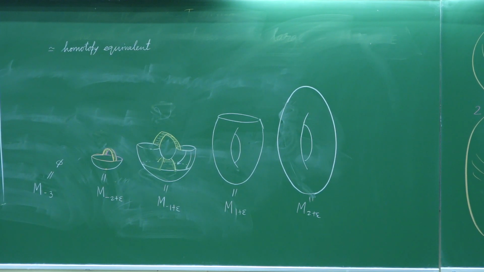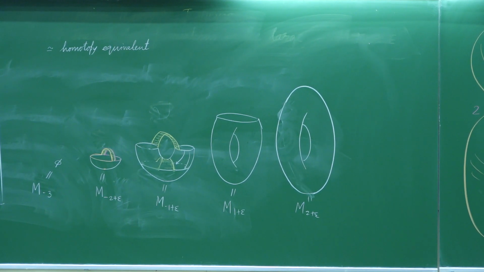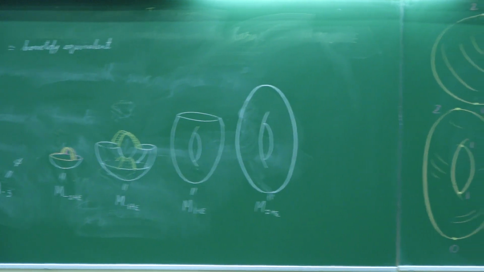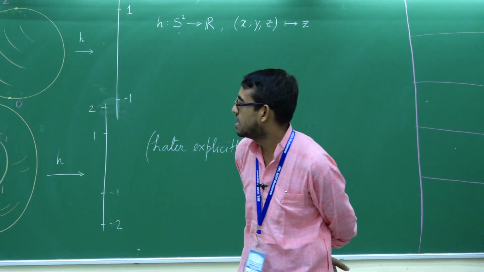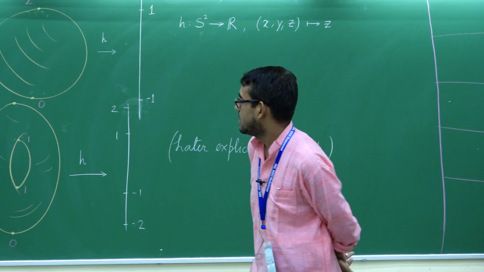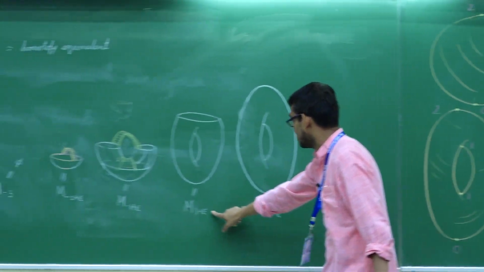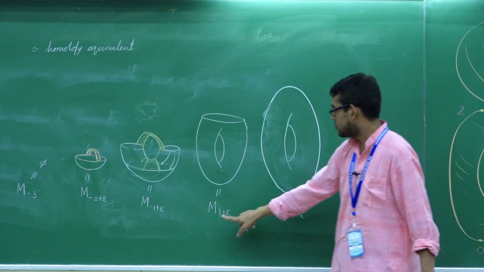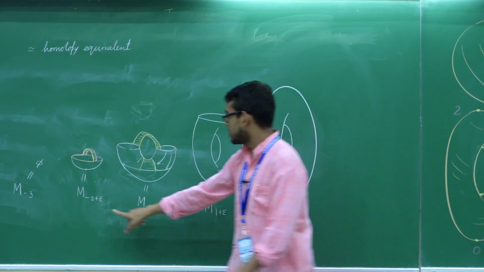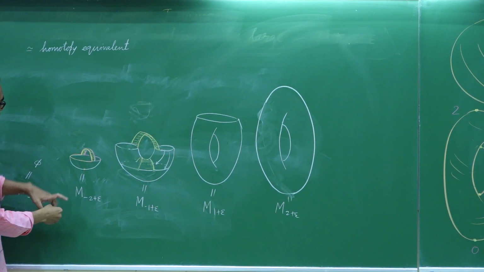Okay. So, any questions? Yes. How can we go from M1 plus epsilon to M minus? From the third figure to the second figure, and then the first. From here. No, so I'm saying you can go.